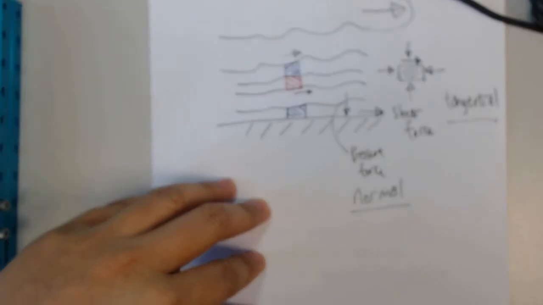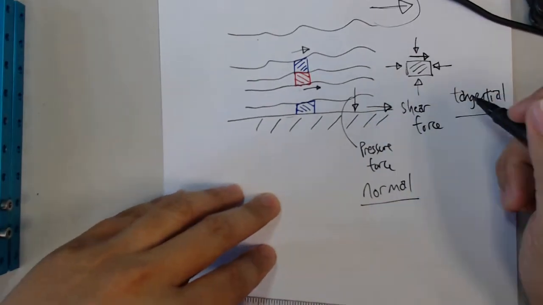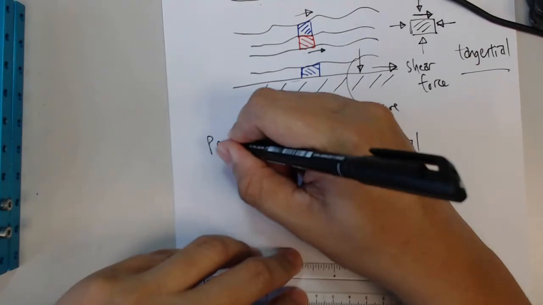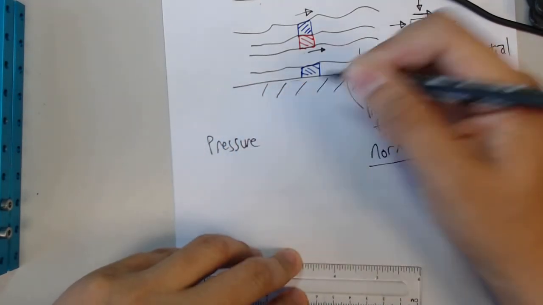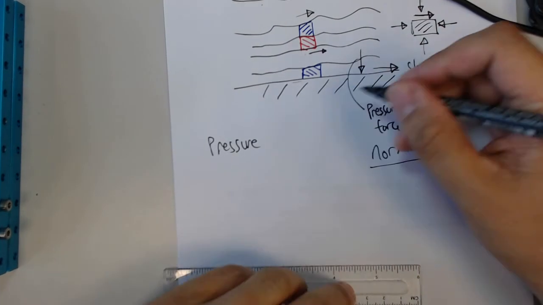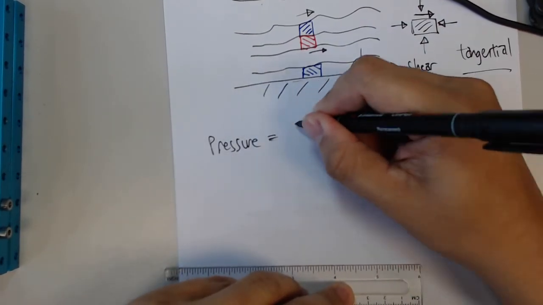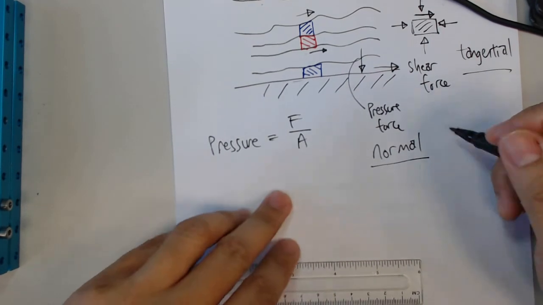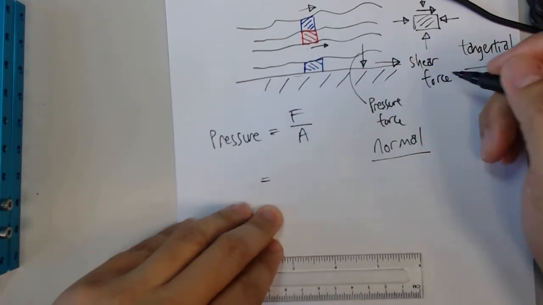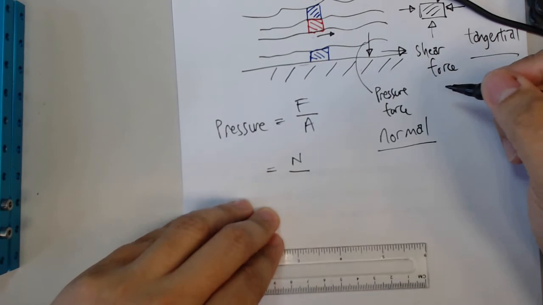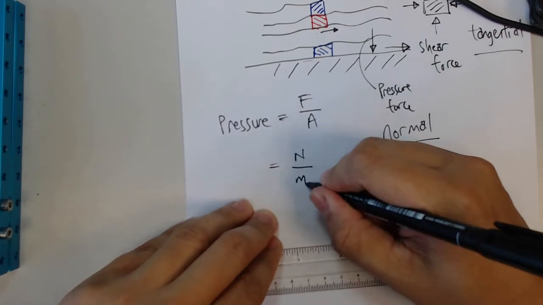But pressure, the definition of pressure is the force per unit area. It's the force per unit area. So it is force divided by area. You know that the unit of force is Newton, whereas the unit of area is meter square.